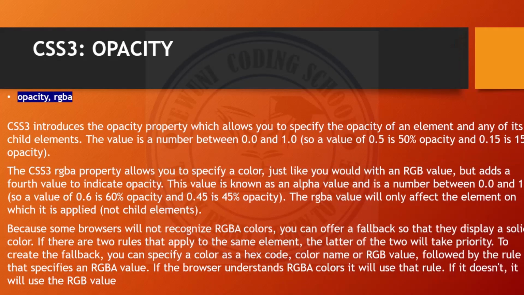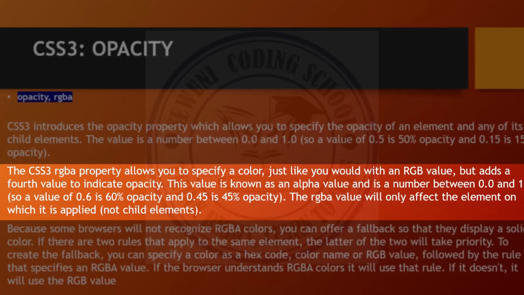Now the RGBA property allows you to specify a color just like you would do in the RGB, but now adds a fourth value to indicate opacity. This is known as the alpha, like I said. So RGBA stands for red, green, blue and alpha, and the alpha represents the opacity between 0.0 and 1.0.